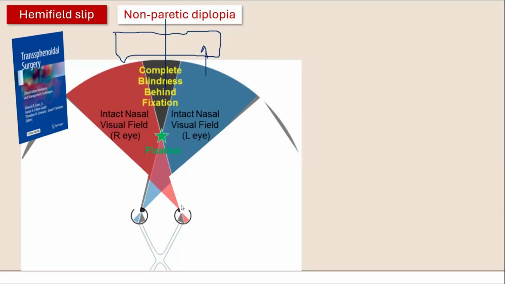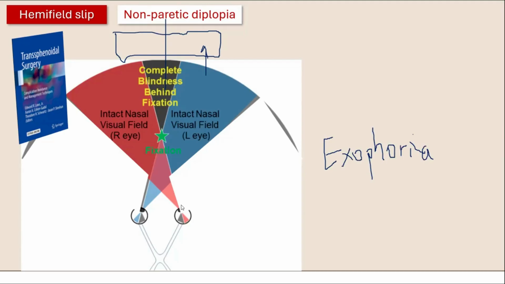So now imagine a patient with exophoria. What's the meaning of exophoria? Their eyes have the tendency to deviate out.